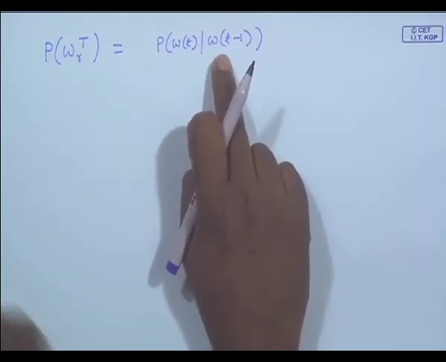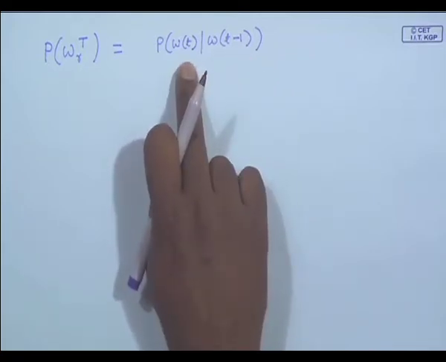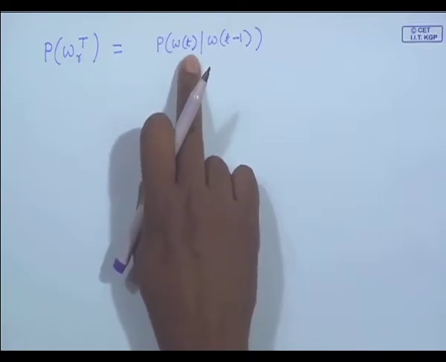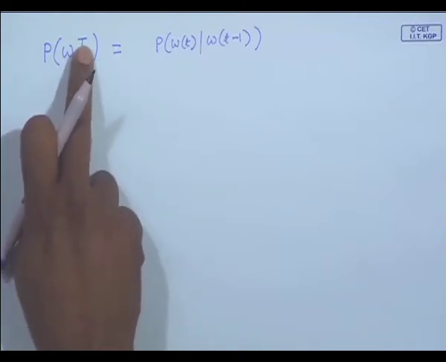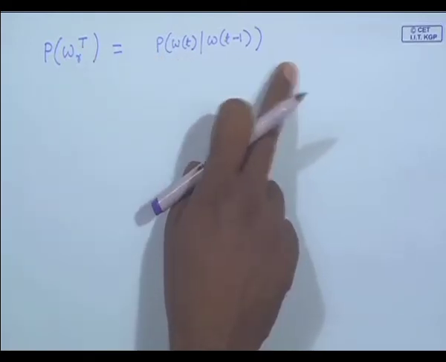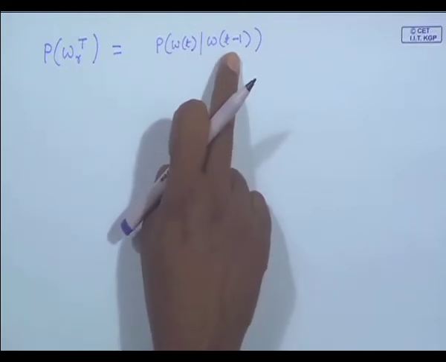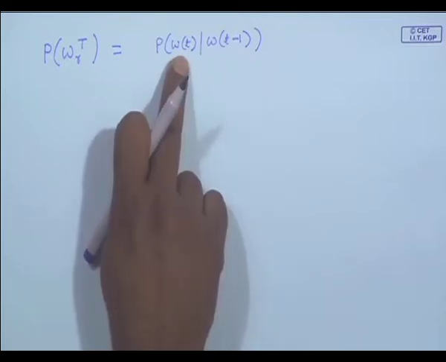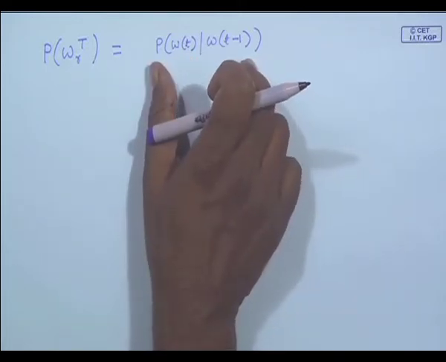From a state at time step t minus 1, it makes a transition to state omega(t). Because this is a sequence of T such states, this is the probability of transition from a state at time step t minus 1 to another state at time step t.